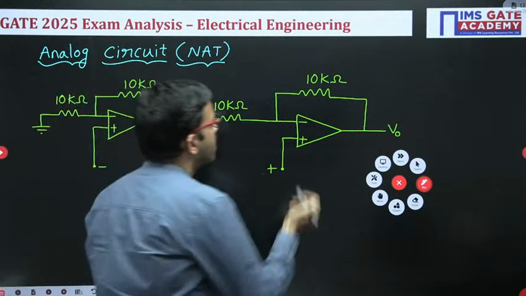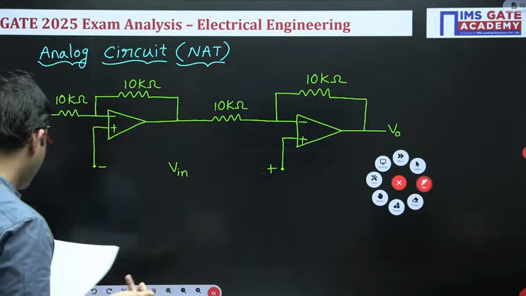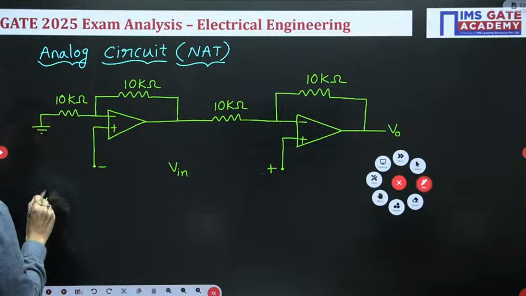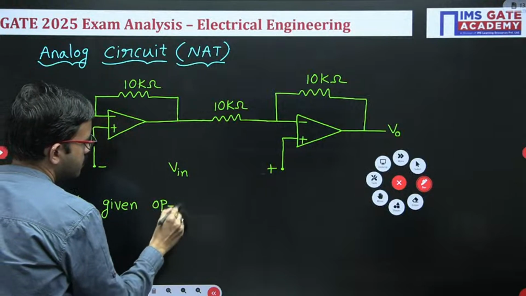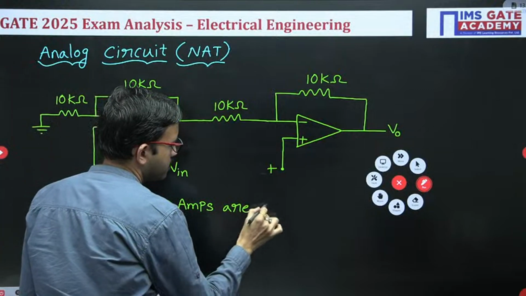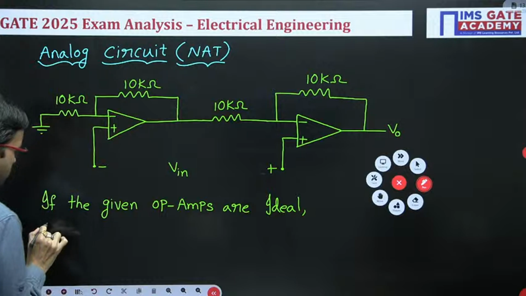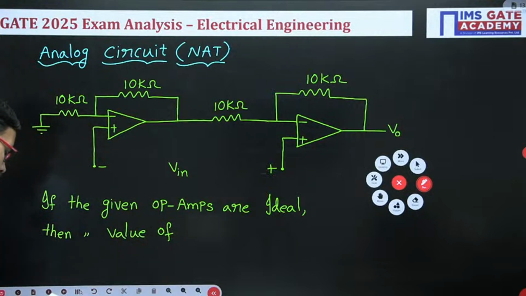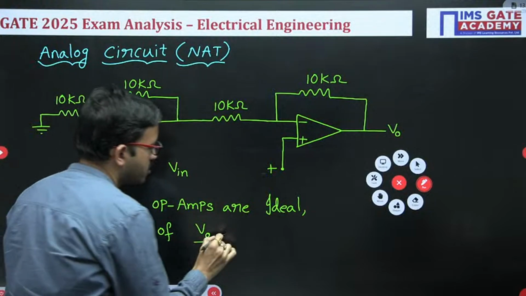Now in this particular question, what you are supposed to calculate: whatever the given circuit you are having, if you consider the given op amps to be ideal, then the value of V0 by Vn will be dash.